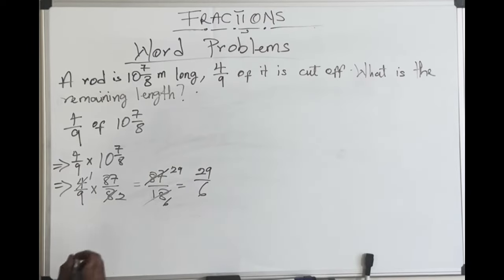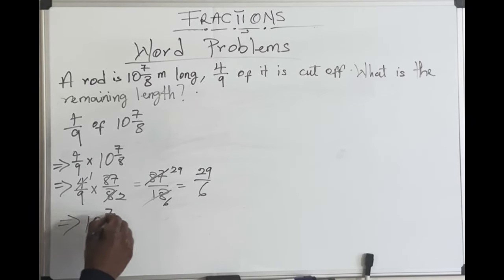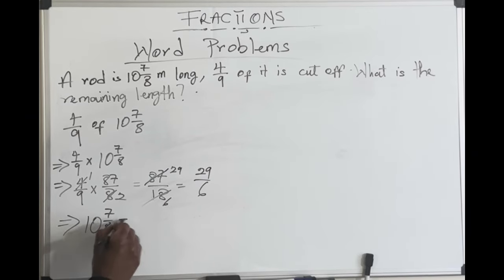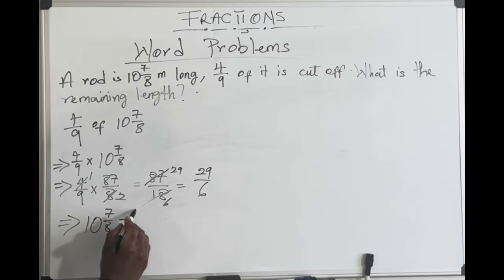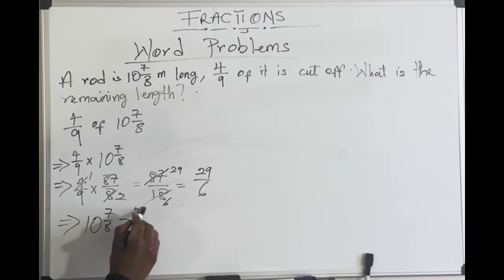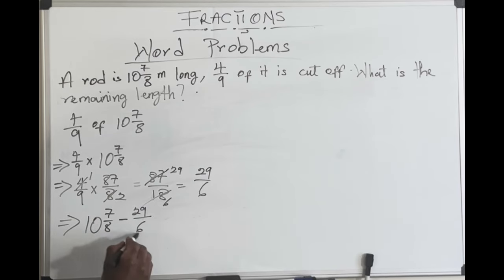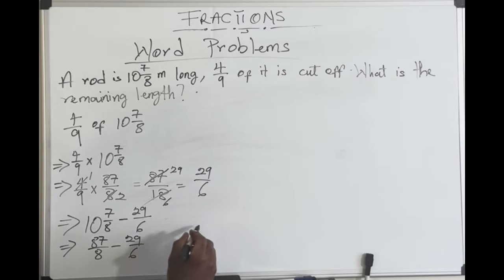So we write the full 10 whole number 7 over 8, and then subtract what was cut off, 29 over 6. And then we continue to work it. 87 over 8 minus 29 over 6.